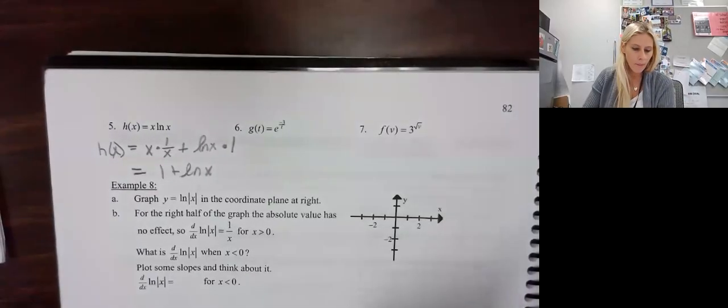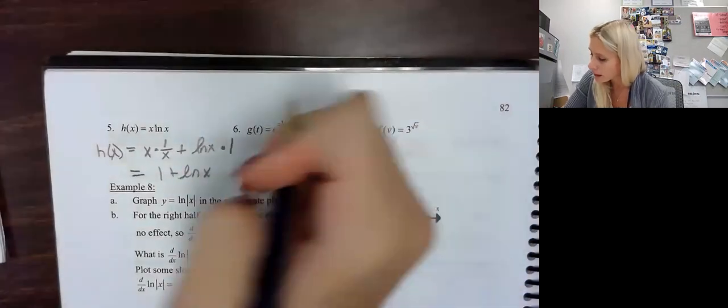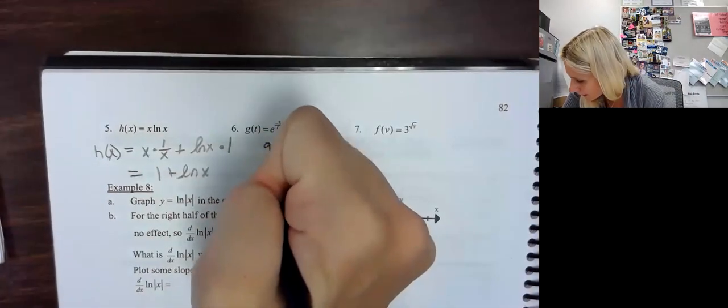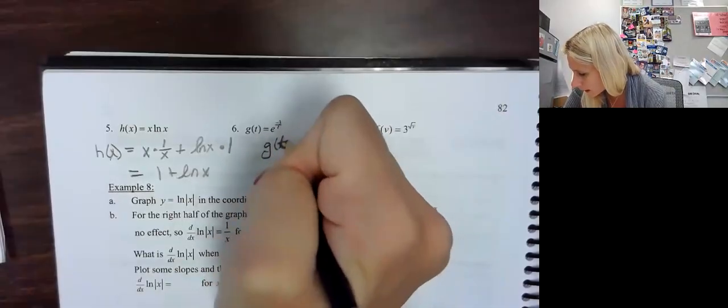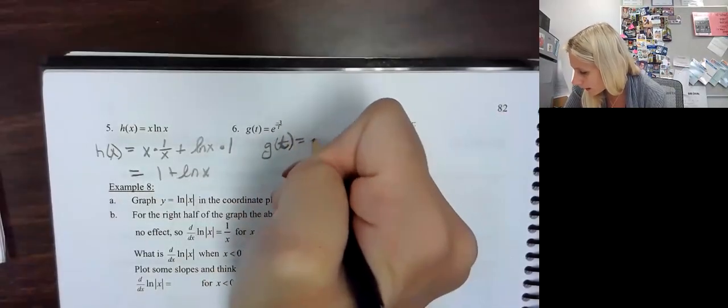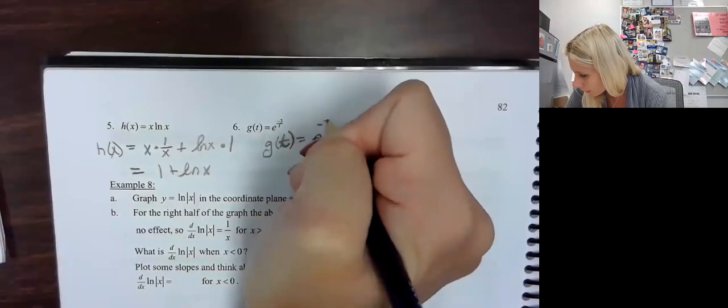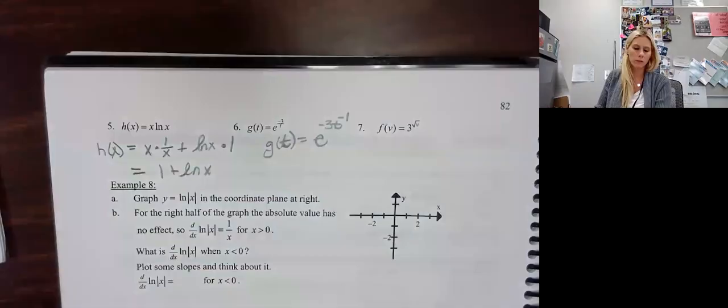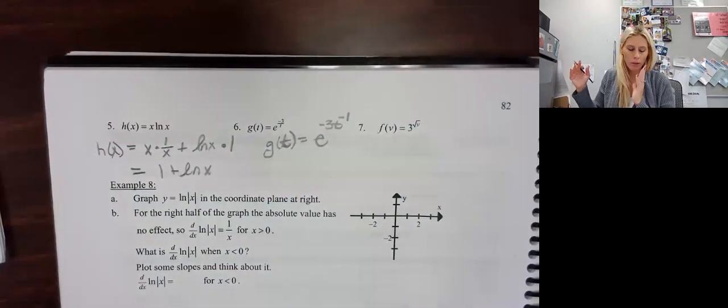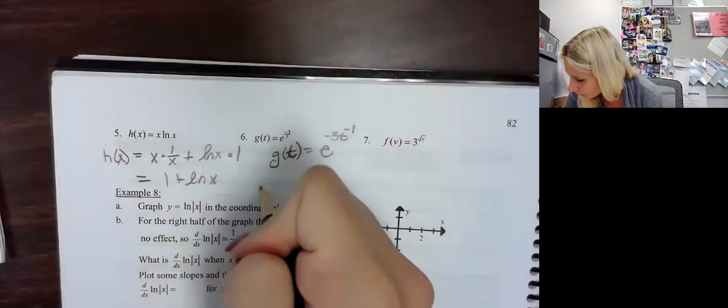All right, this one. Let's rearrange this so we don't have to think about using the quotient rule. So we would get e to the negative 3 t to the negative 1. All right, so chain rule, right?